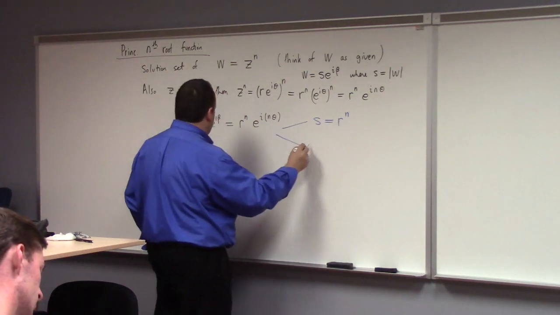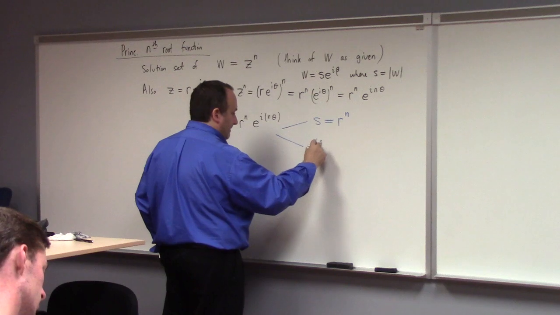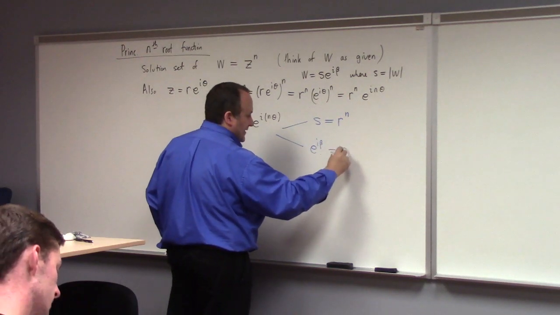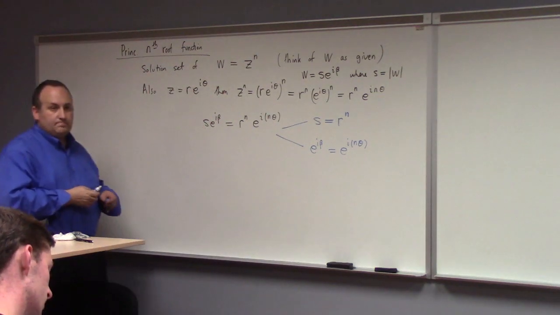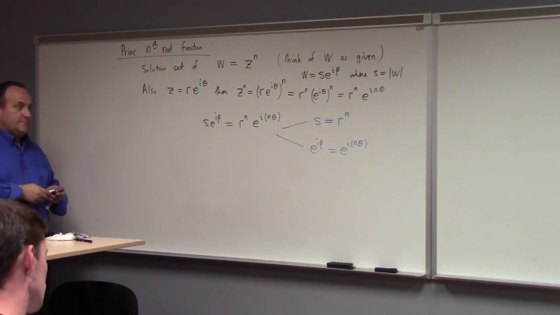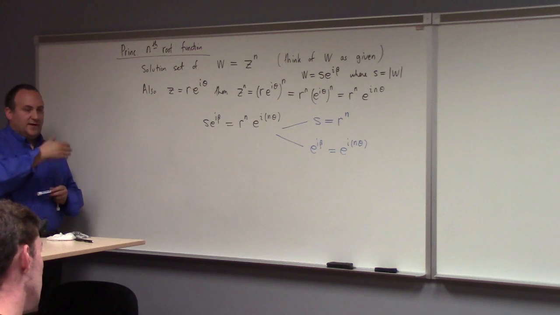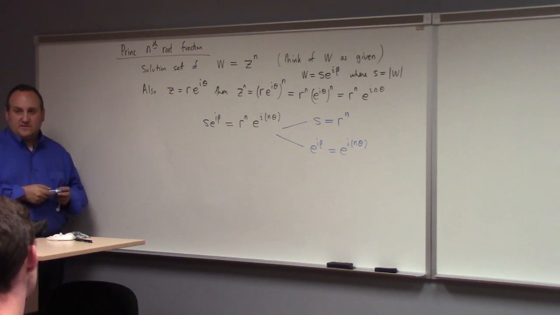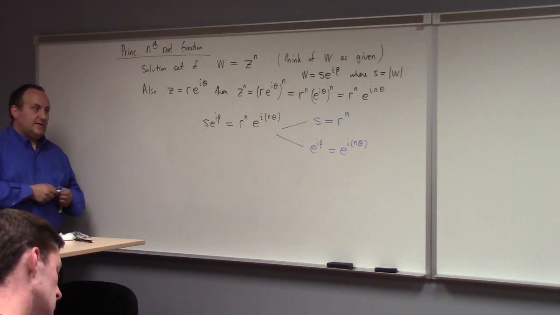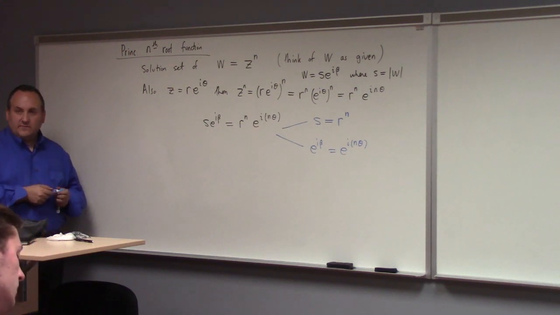On the other hand, we need that e to the i beta is equal to e to the i n theta. In other words, for two complex quantities to be equal, they have to have the same direction and the same magnitude.